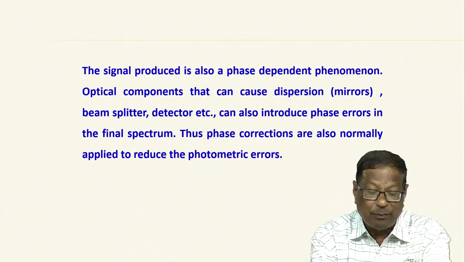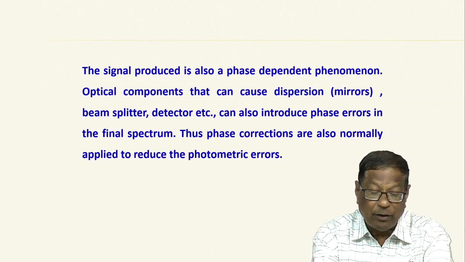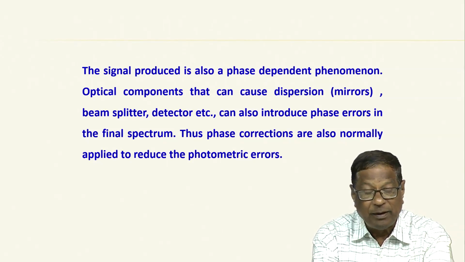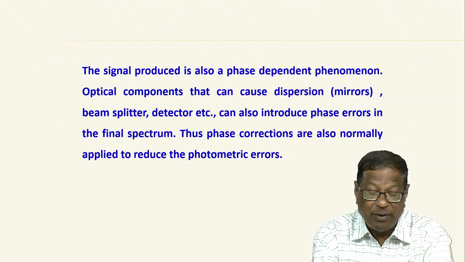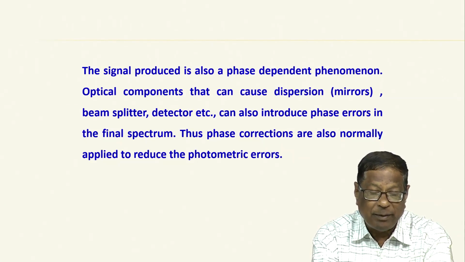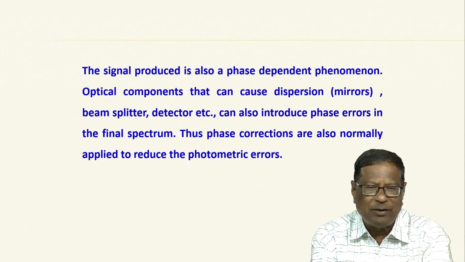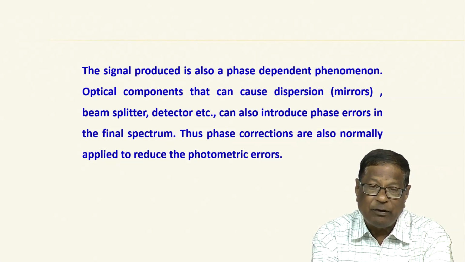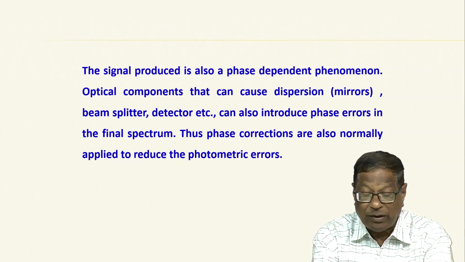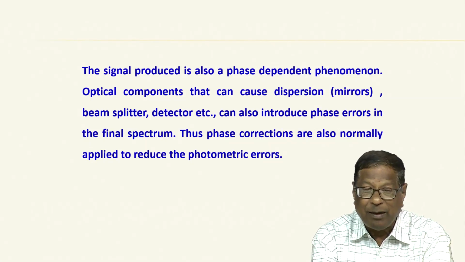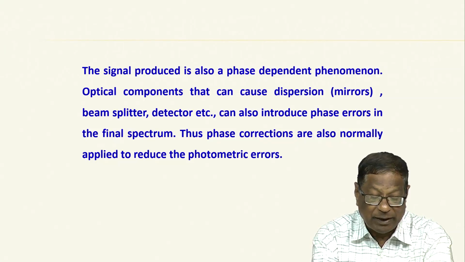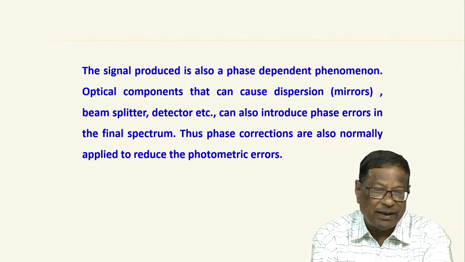Optical components can also cause dispersion, that is mirrors, the beam splitter, some amount of aberration is always possible. There is nothing like a perfect material in this world. The detector also can introduce errors. All these things can introduce a little bit of phase errors in the final spectrum. So, phase corrections are also normally applied to reduce the photometric errors.